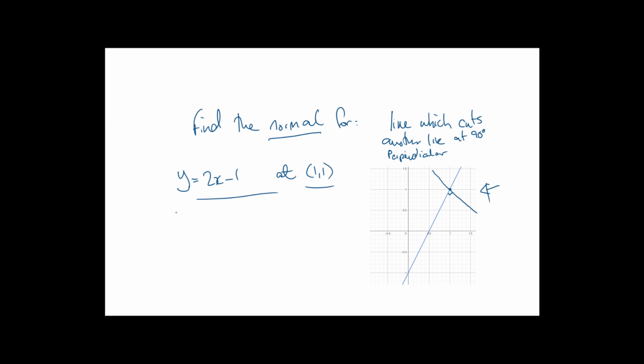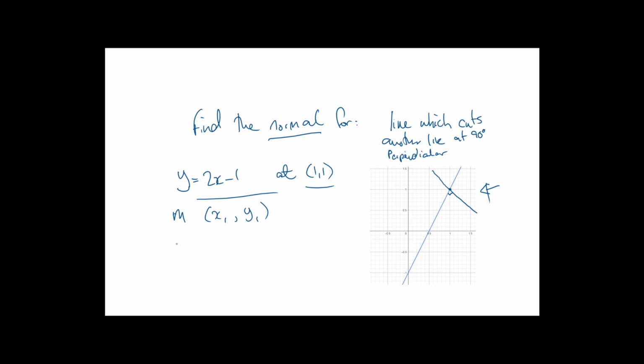Well, in order to find the equation of a line, we need two things. We need the gradient of that line, m, and one of the points at the least, or two of the points, in which case we would find the gradient. What is the gradient of this perpendicular line?